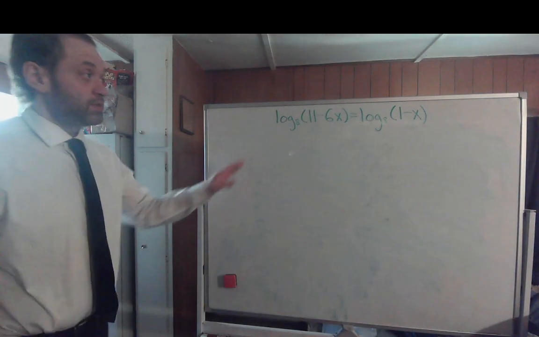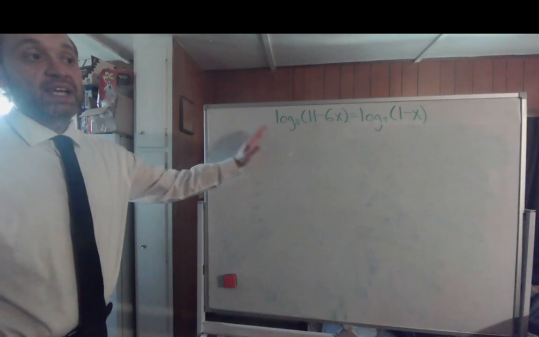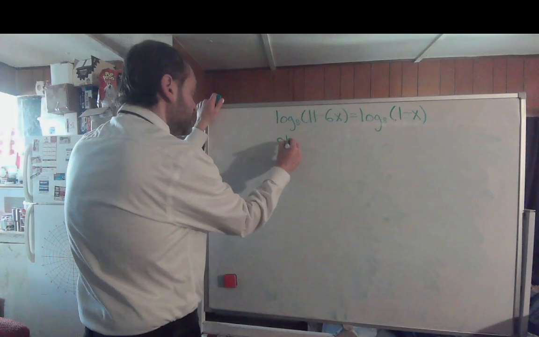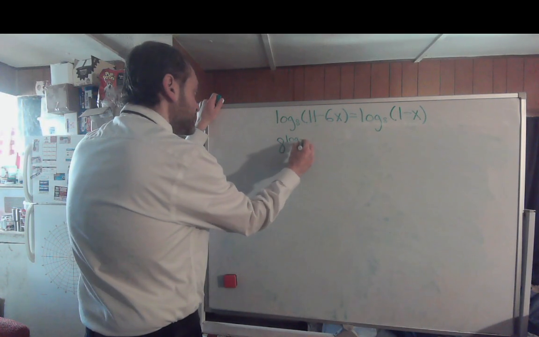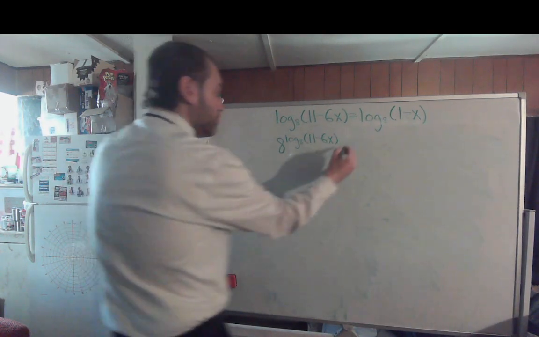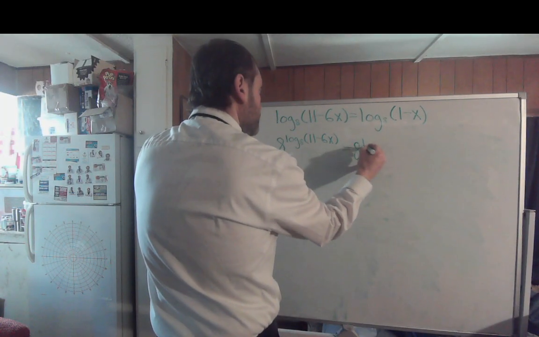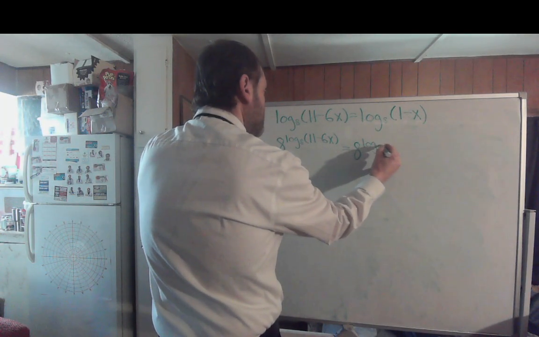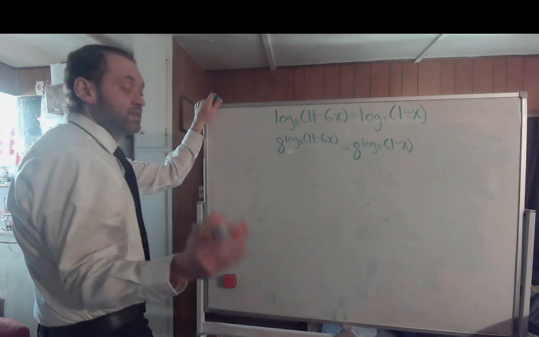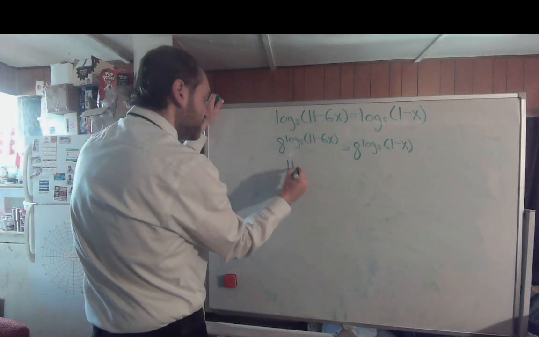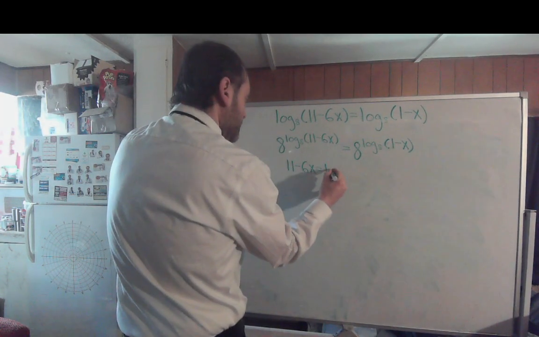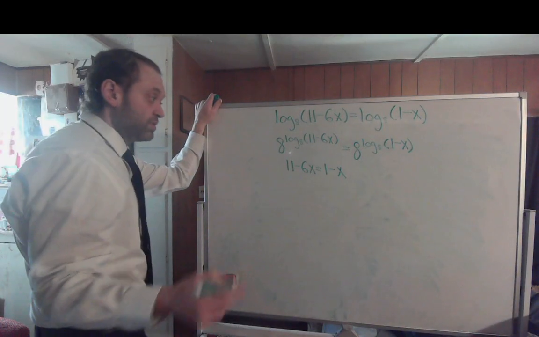Well, the log is base 8, so we have to take 8 to the power of the log base 8 of both sides. So 8 to the log base 8 of 11 minus 6x would equal 8 to the log base 8 of 1 minus x, which on both sides the log will cancel out. Now you just have 11 minus 6x is equal to 1 minus x. Now just solve for x.